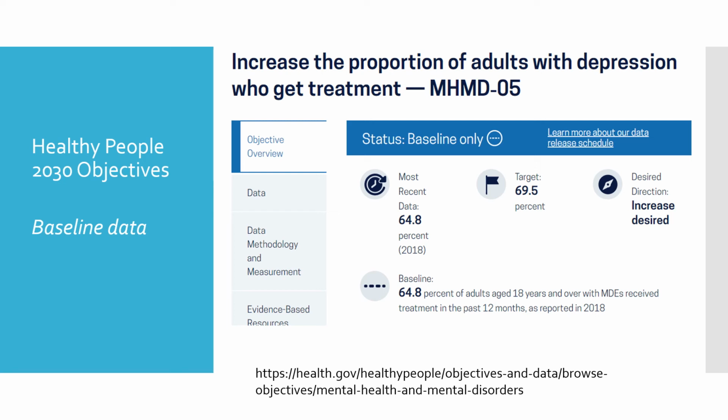The hope is that more individuals will be screened, assessed, and treated and get that number up. So the intention is to improve the health and quality of life for people that are affected by depression or conditions of mental health.